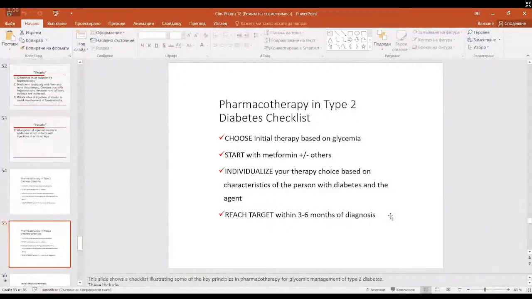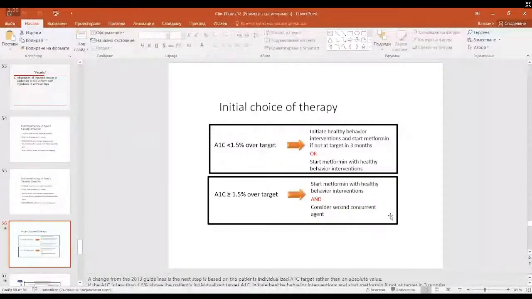So the second part of the presentation is about some guidelines. If we want to decrease the levels of glycated hemoglobin by less than 0.5%, then usually diet is enough, and if it's not enough, metformin usually does the job.